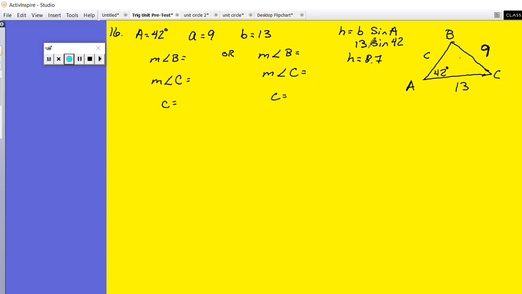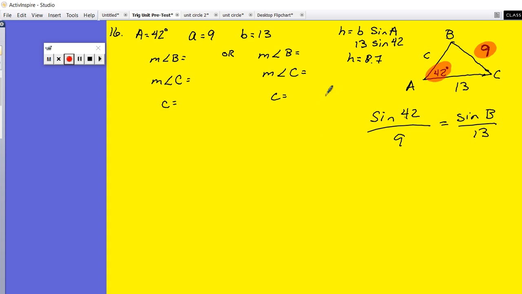All right, so here we go. We want to find side C, angle B, and angle C. I know that this is an angle with its opposite side, so I can use the law of sines to find angle B. So I'm going to say sine of 42 over 9 equals the sine of B over 13.